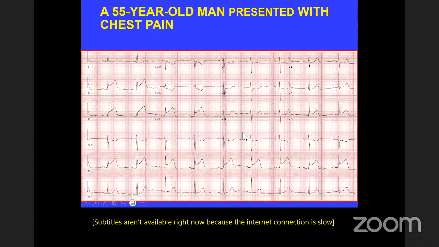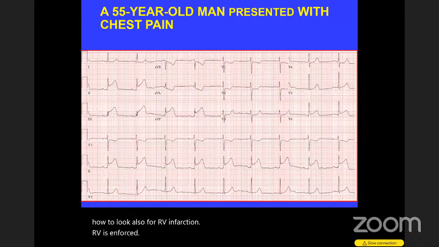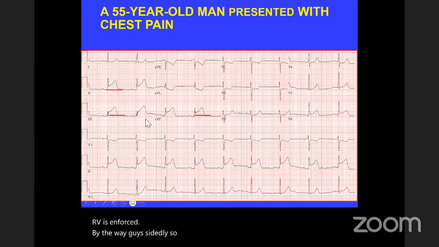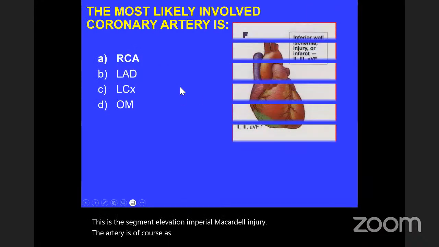Excellent. How to look also for RV infarction if RV is involved? By doing right-sided leads. So this is ST segment elevation, inferior myocardial injury. The artery is, of course, as we mentioned, right coronary artery.